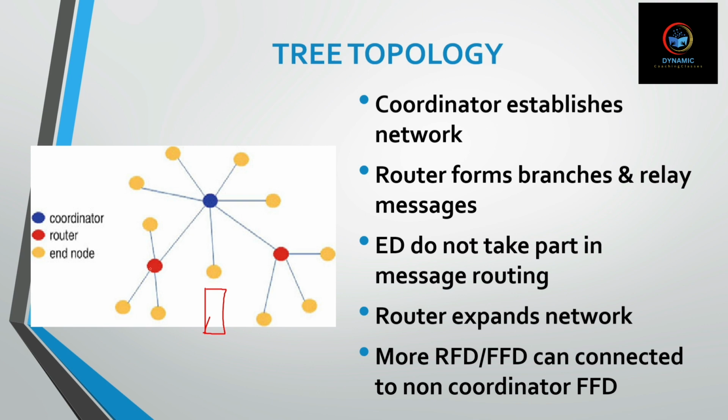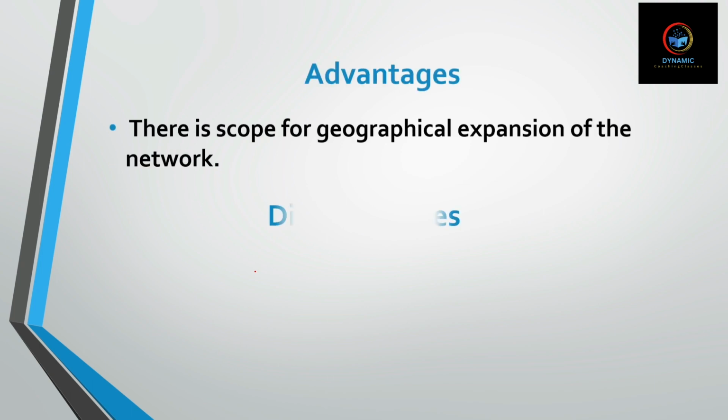So the message first transfers to the router, then to the coordinator, then to the end device. Here the multi-hopping technique is used to communicate between the two devices. Therefore this network expansion is very useful in that case. But because of multi-hopping, there is a delay, or more time is required to receive the message. That is the message latency, and that is the disadvantage of the tree topology.